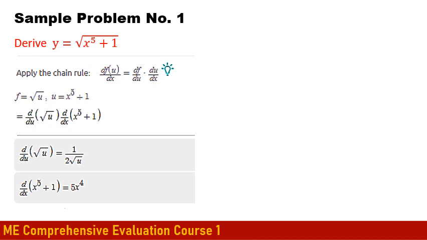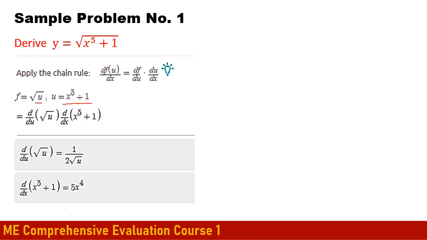So in order for us to obtain this formula, we'll first examine our given equation. In the given equation, our function is equal to the square root of u because it is in the form of a radical. So we can equate u as the value inside the square root, which is x to the power of 5 plus 1.